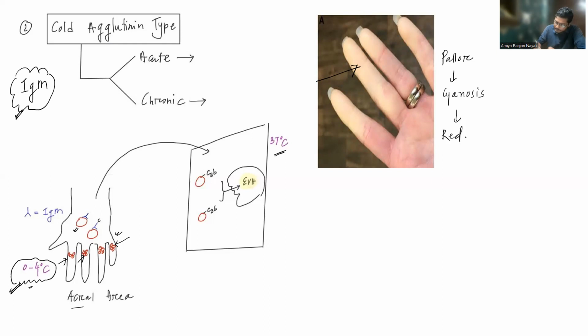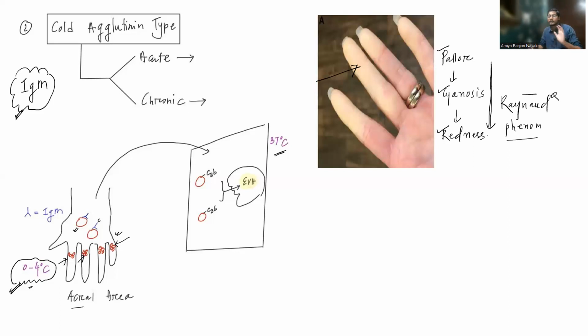And this classical sequential triad is known as the Raynaud phenomenon. We'll discuss more on this when we discuss vascular pathology, but this is the concept. Pallor, followed by cyanosis, followed by redness.